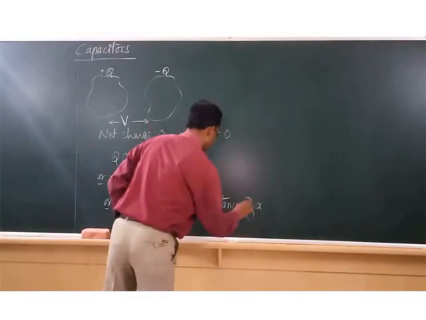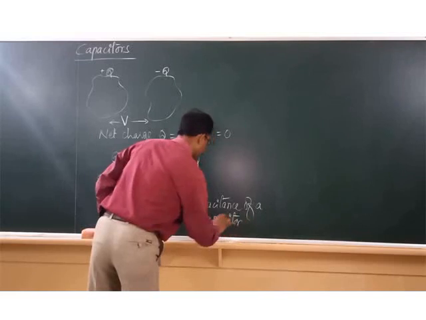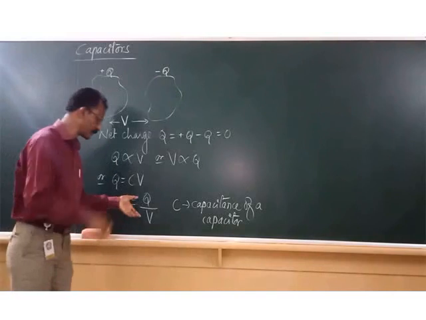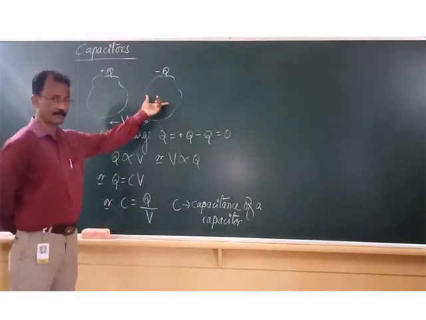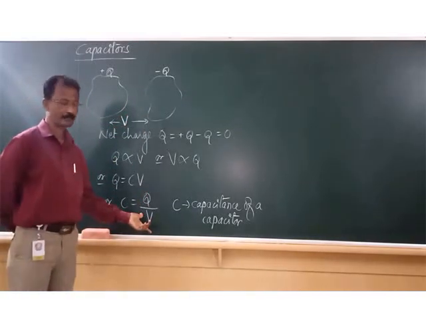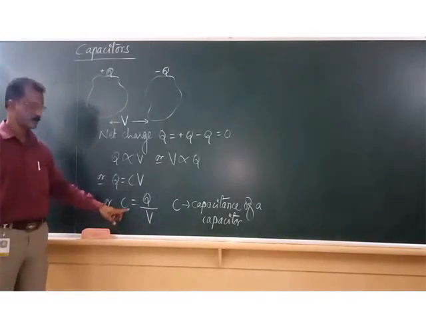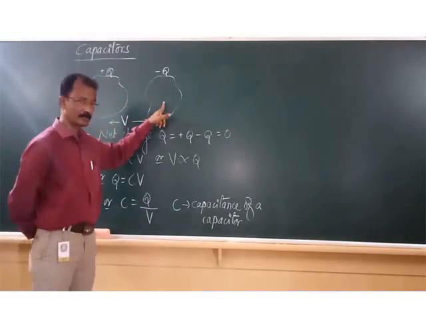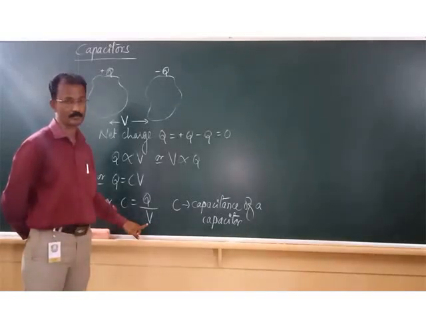C is called the capacitance of a capacitor. It is the ratio of the charge on either conductor in a capacitor to the potential difference between them. The capacitance of a capacitor is defined as the ratio of the charge on either conductor to the potential difference between the two conductors.